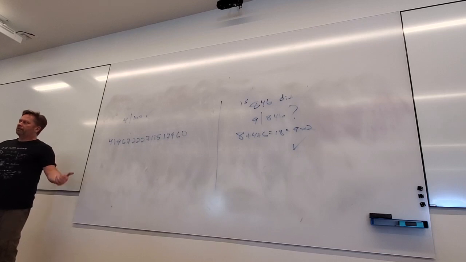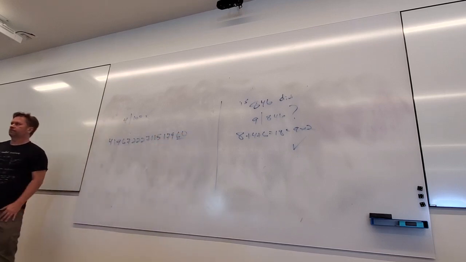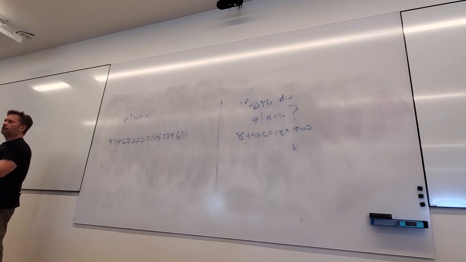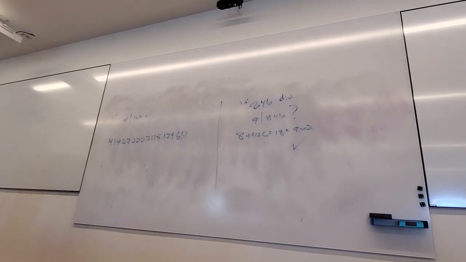I know that's divisible by 4 because the last 2 digits are divisible by 4. That's all I need. Because if 4 goes into 112, doesn't it go into 212? Yeah. If 4 goes into 100, it goes into 200. It goes into 300. It goes into 3,700. It goes into 3 billion. It goes into anything that ends in 0, 0. Therefore, it goes into anything that ends in a multiple of 4, the last 2 digits.